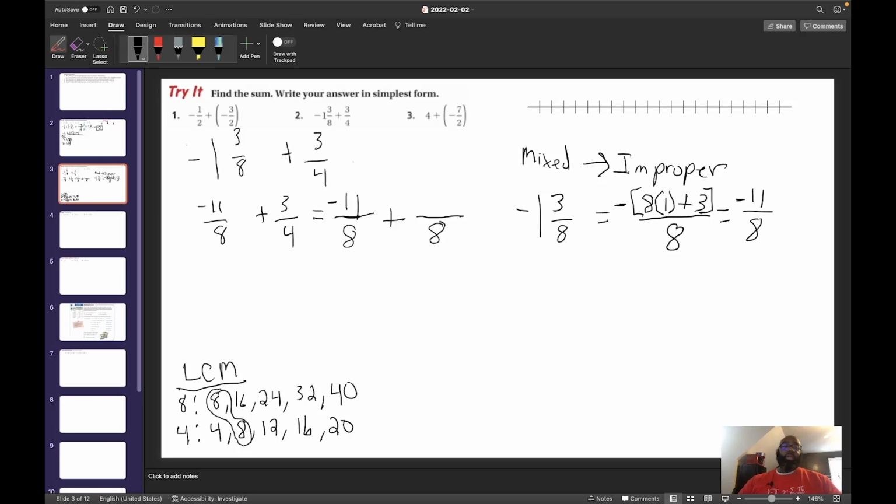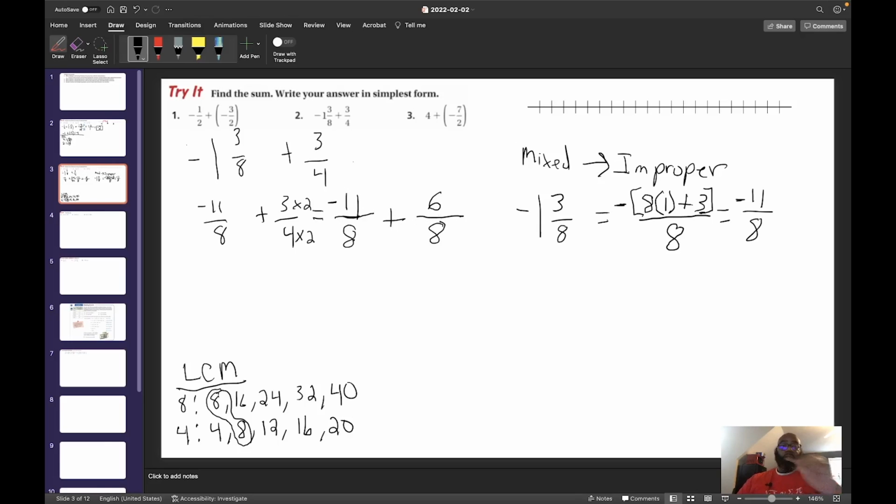How do we go from this denominator to that denominator? Well, we multiply it by 2. And remember, if we do it to the bottom, as long as we do it to the top, then that fraction stays the same. It's an equivalent fraction. 4 times 2 is 8, and 3 times 2 is 6. So now the problem we're solving is negative 11 over 8 plus 6 over 8.